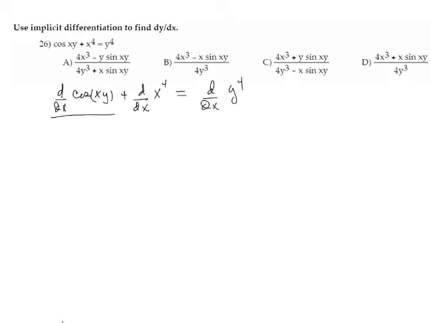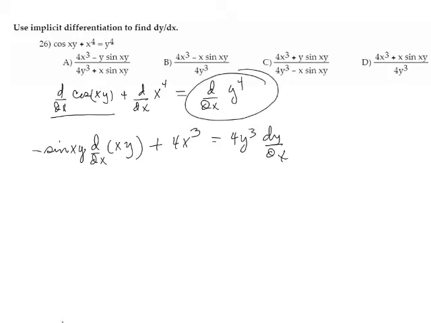So d dx of cosine of xy is going to be minus sine of xy times d dx of xy plus 4x cubed equals 4y cubed dy dx. Notice we use a chain rule here, taking the derivative of y to the fourth with respect to x. It's 4y cubed dy dx.